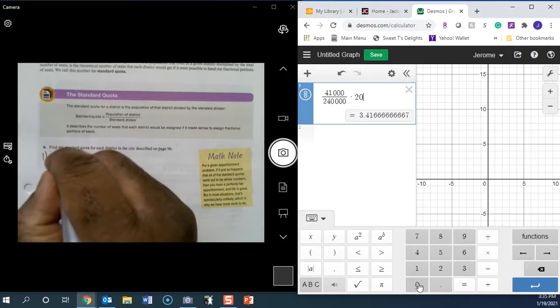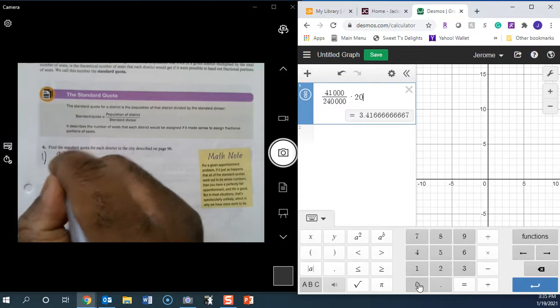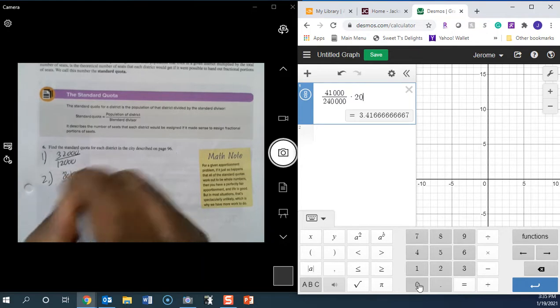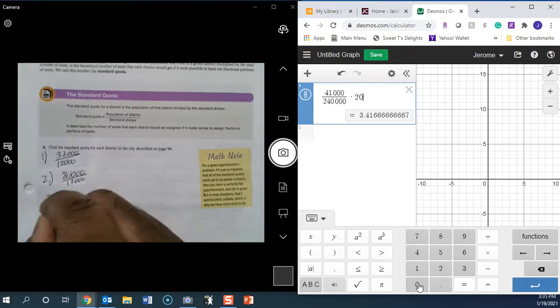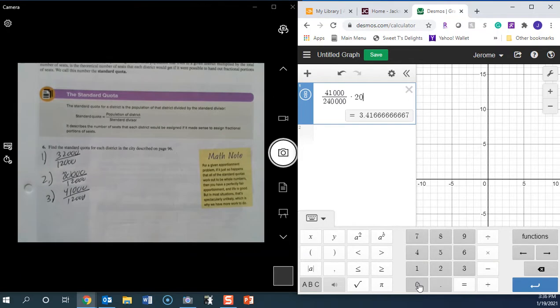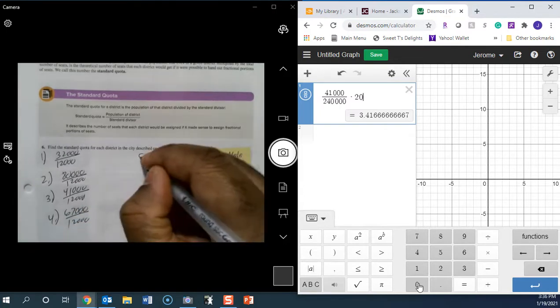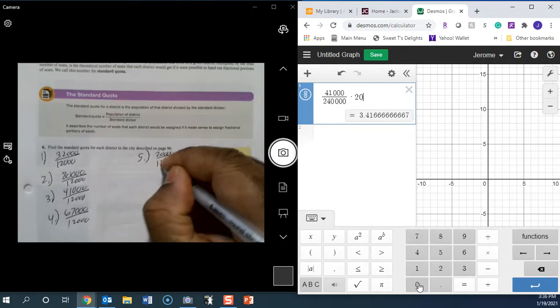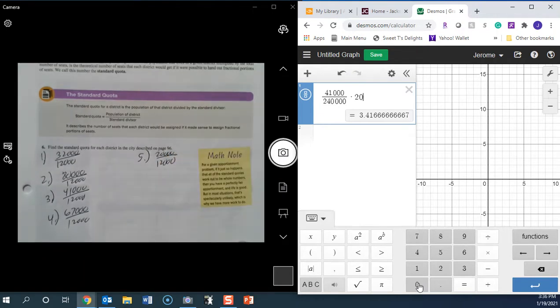This is District 1, 32,000 over 12,000. District 2 would be 80,000 over 12,000. District 3 would be 41,000 over 12,000. District 4, 67,000 over 12,000. And District 5 be 20,000 all over 12,000. All right, so we can go ahead.